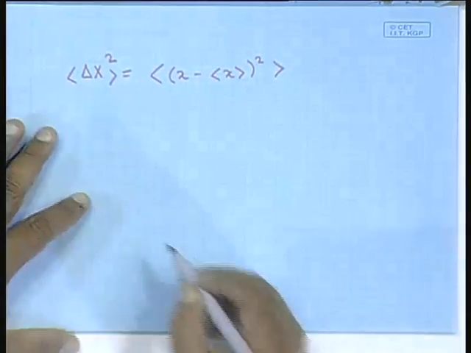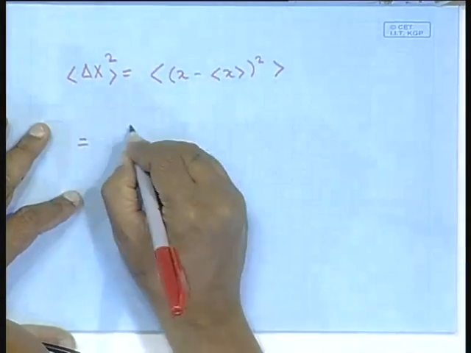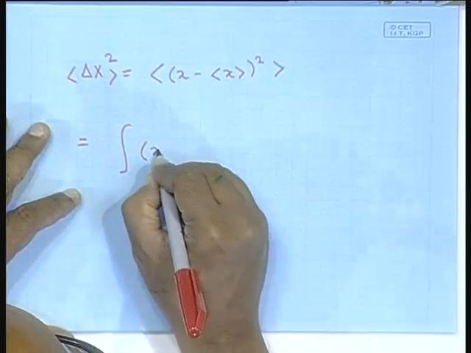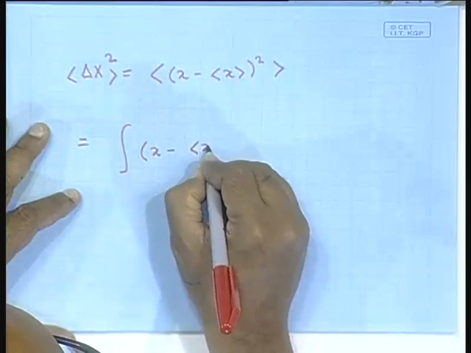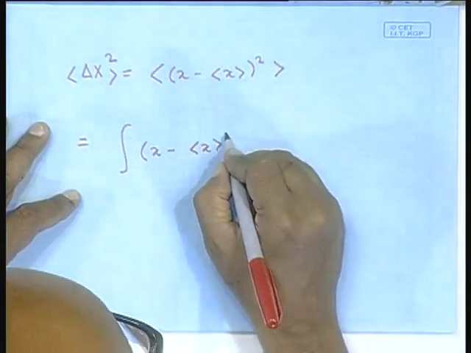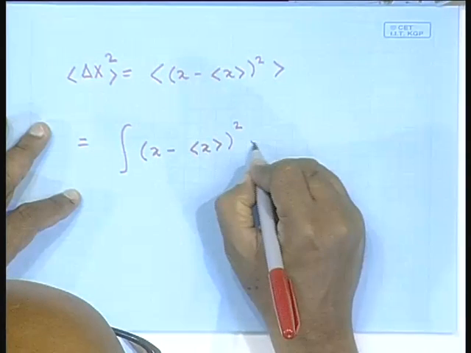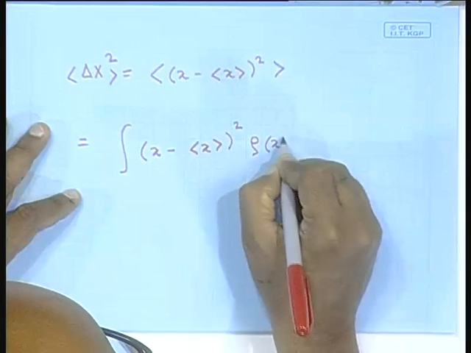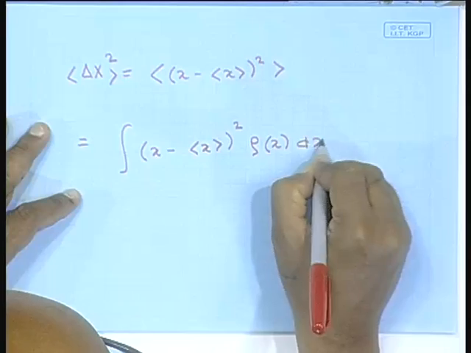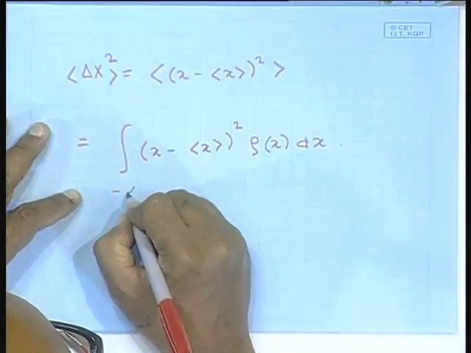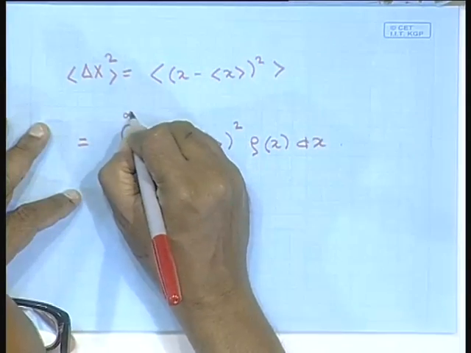This gives the variance. So in this particular case, what you have to calculate is x minus the mean value, which in this case is pi by 2, squared, rho x dx. You have to calculate this from minus infinity to plus infinity.